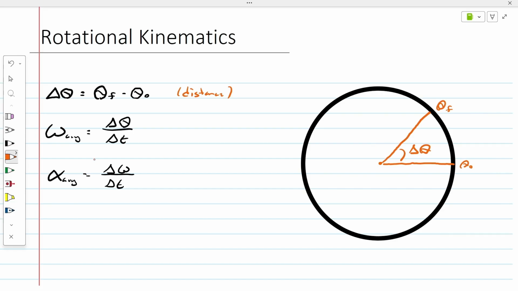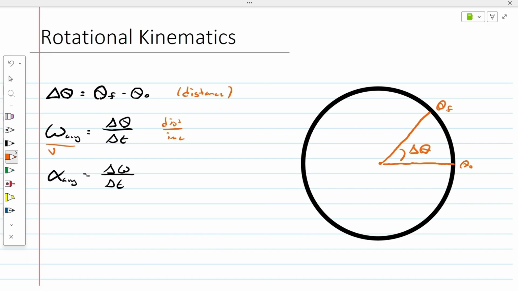Okay, and now we have this omega average here. And this is just the angular velocity. So that's what we call this guy, angular velocity. This is just like velocity, with our angle over time, which we said was like our distance. So it's just like the distance over time, but it's the angle over time.